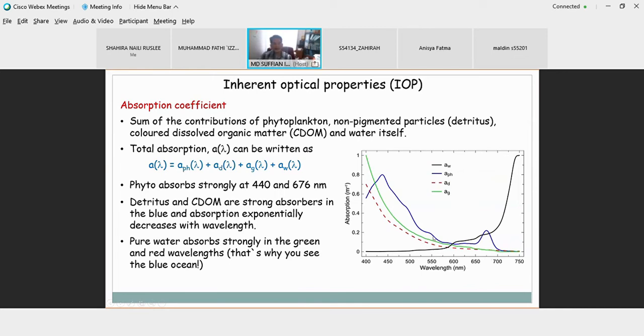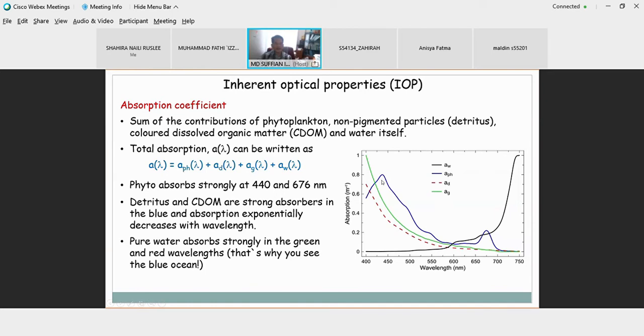So kalau kita tengok kat sini untuk phytoplankton, dia ada strong pigment absorption at 443 and 676, and low in the green wavelength. Ini adalah the absorption coefficient for phytoplankton.